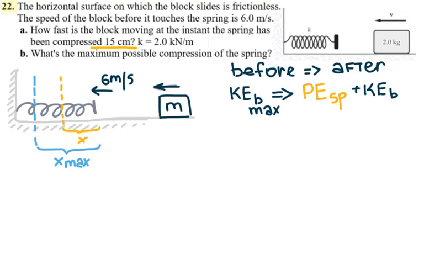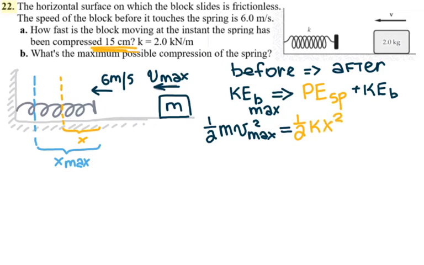And kinetic energy of maximum is 1/2 the mass and velocity maximum squared. So this is the velocity maximum, 6 meters per second. Then potential energy of the spring is equal to 1/2 K, and X they give you by how much it's compressed, squared. And then I still have the velocity of the block, which is 1/2 mv squared.